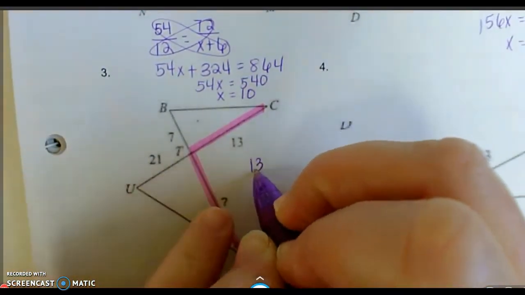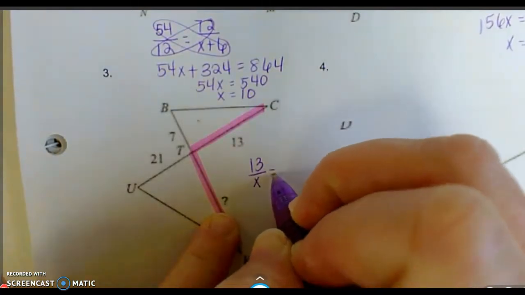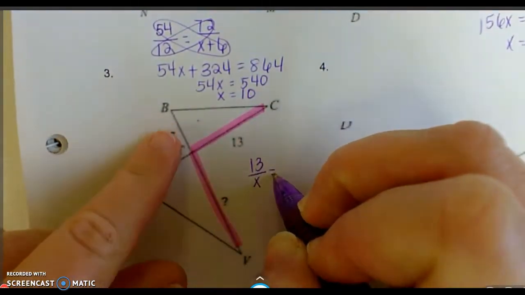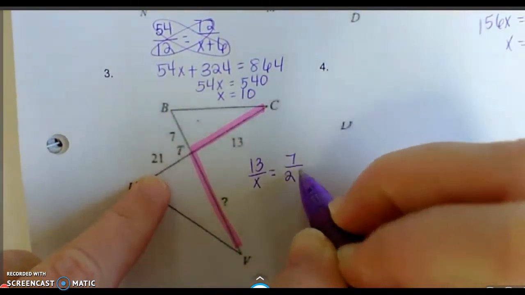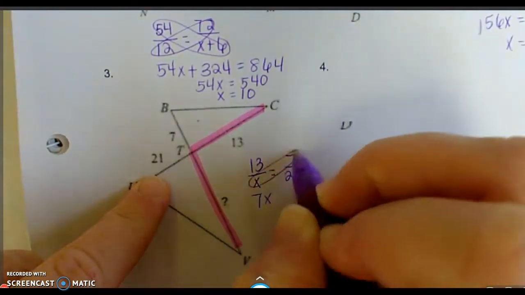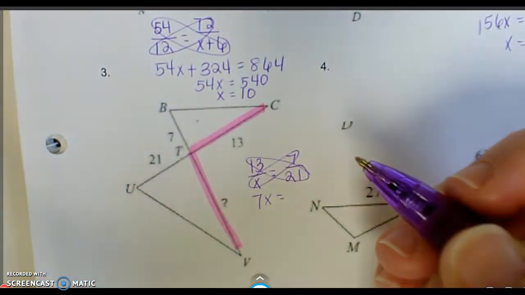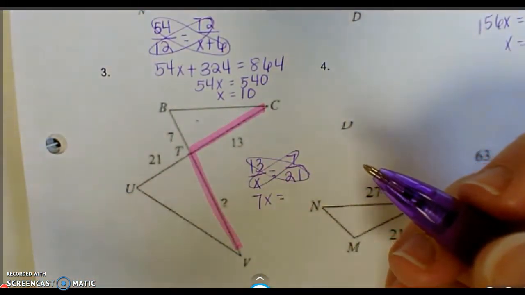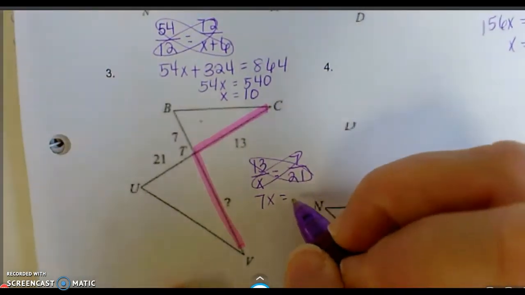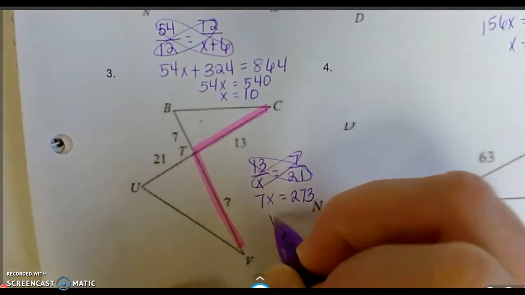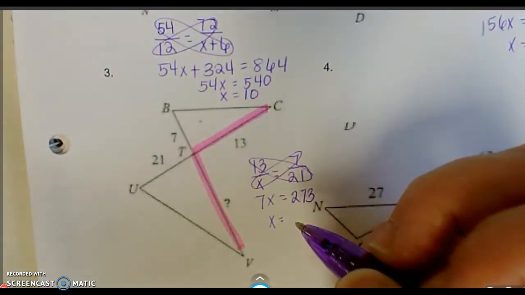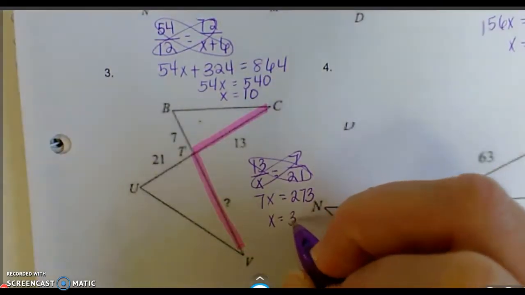So I know that 13 goes with x, which is what we're looking for. Since I started here, I must start here. So 7 goes with 21. Cross multiply, 7x equals whatever we get here. Divide both sides by 7. And we get 39.